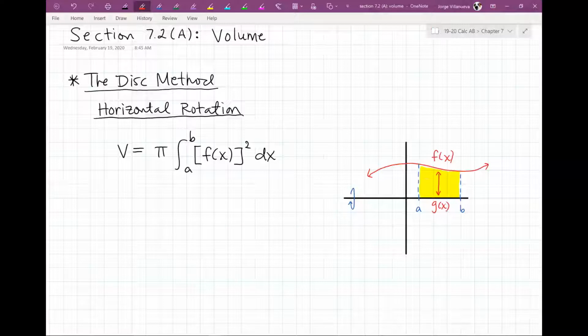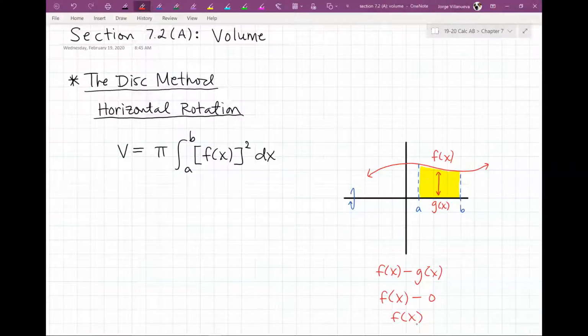So the area is f of x minus g of x, right? That's how we find area between two curves, right? Top minus bottom. Well, if g of x is 0, then the area found in there is just f of x. You guys see that? It's just f of x because g of x is 0.